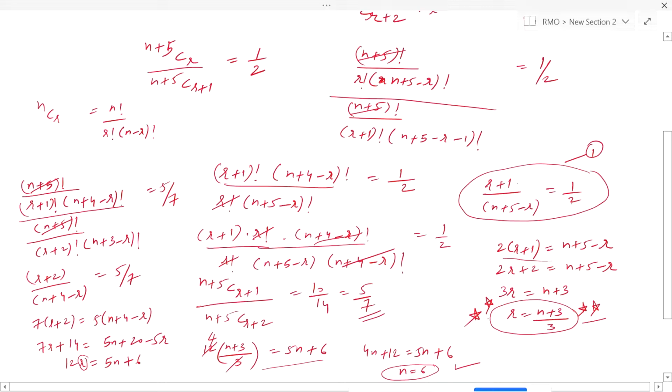And then I solved this equation also further. So I got this equation, 12r equal to 5n plus 6. Now in place of r, I have substituted n plus 3 upon 3.